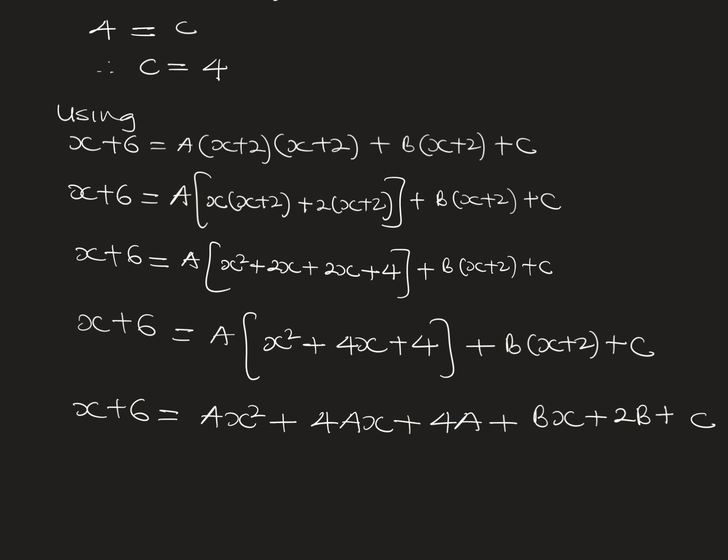All right, so that is x plus 6 is equal to, now let me just try to arrange what I have here similar to how a quadratic equation looks like. We know the quadratic equation is in a form of ax squared plus bx plus c, right?